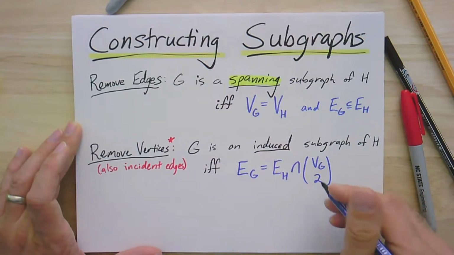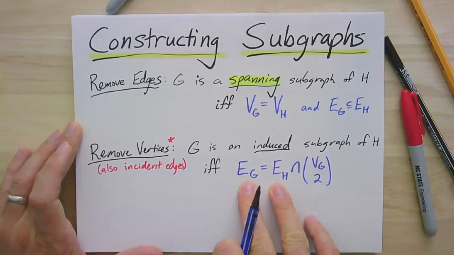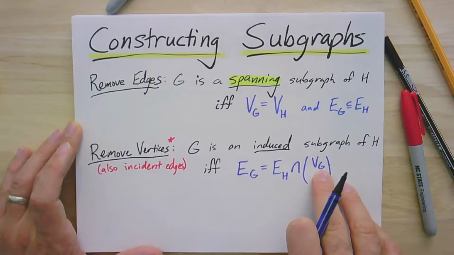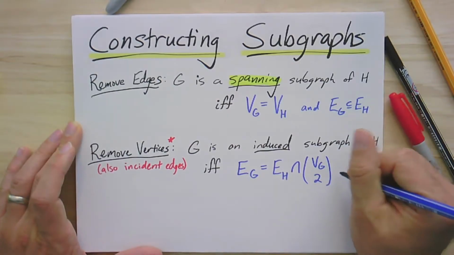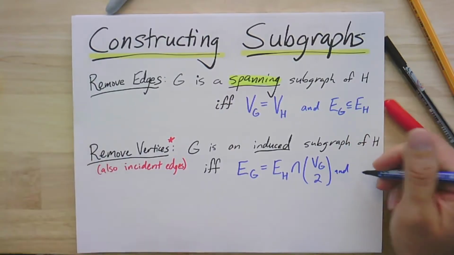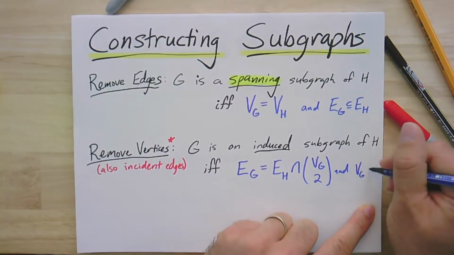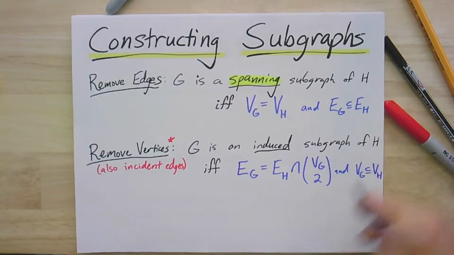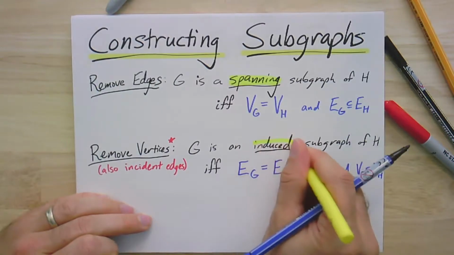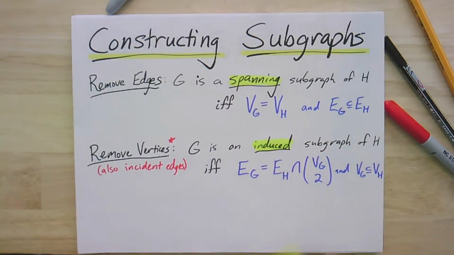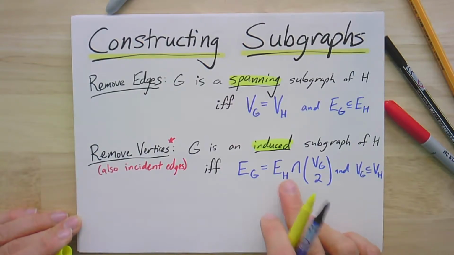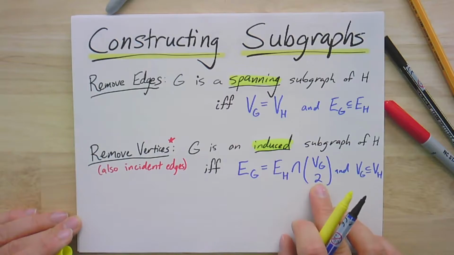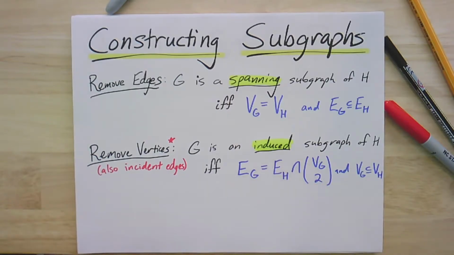So again, the vertex set of G has to be a subset of the vertex set of H. Just remember to put that in here. VG is a subset of VH. So it is a subgraph, but it has this key property. So again, if it has all the possible edges among the vertices that you kept, then it's an induced subgraph.